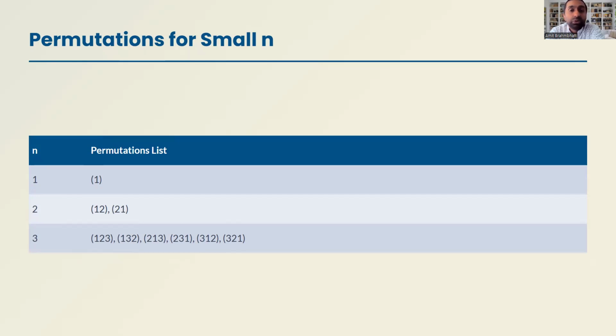For the set 1, 2, 3, we have 6 permutations. By manually listing those, we can easily verify properties like derangements. In the n equals 3 list, only 2, 3, 1 and 3, 1, 2 are derangements, verifying that subfactorial 3 equals 2.